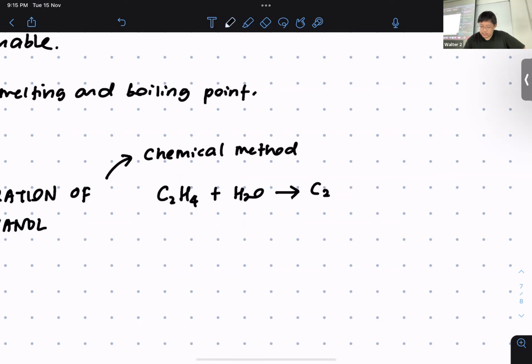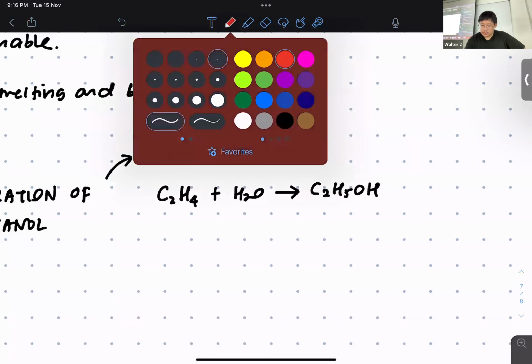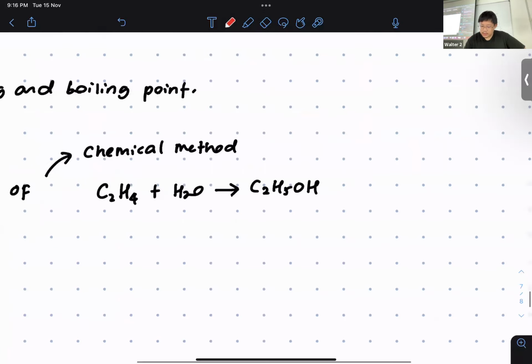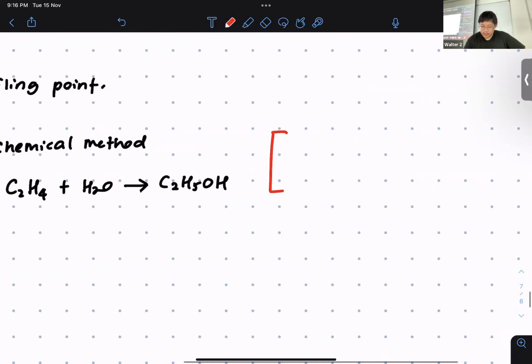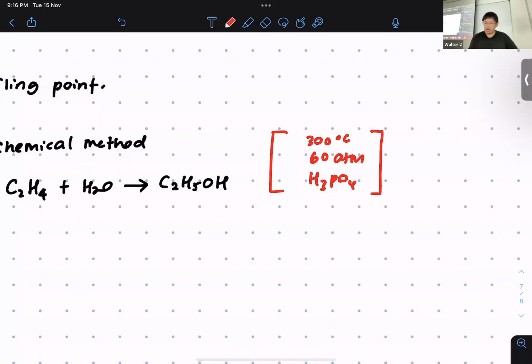So this will be C2H5OH. Of course, with the reaction conditions such as 300 degrees Celsius, 60 atm, and a catalyst of phosphoric acid. So that's the reaction condition.